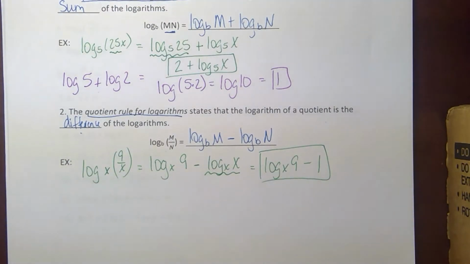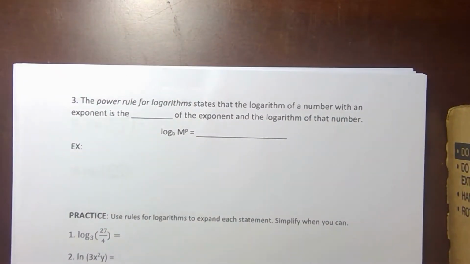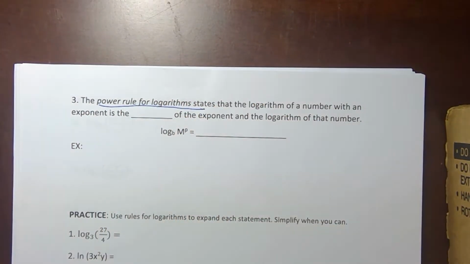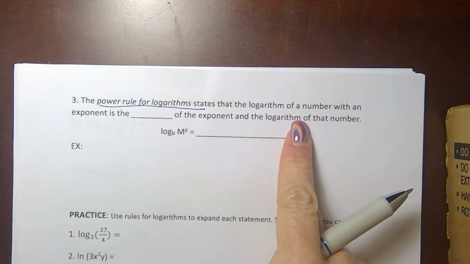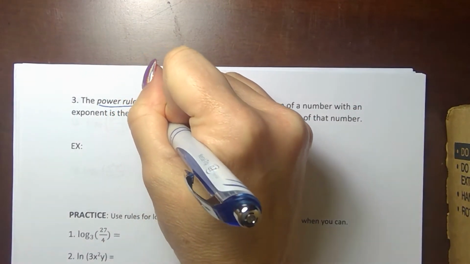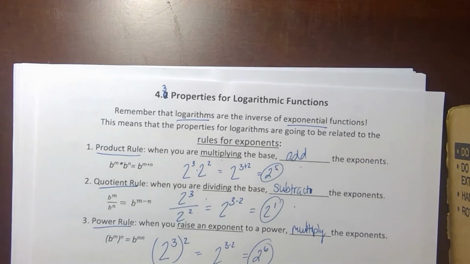All right, let's look at our next page. We have a power rule next, the power rule for logarithms. The power rule for logarithms states that the logarithm of a number with an exponent is the product of the exponent and the logarithm of that number. This ties back to my power rule for exponents.